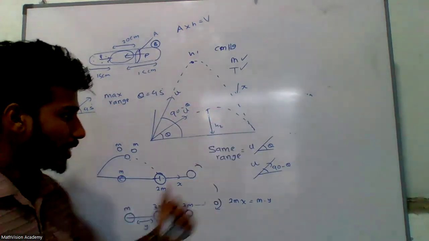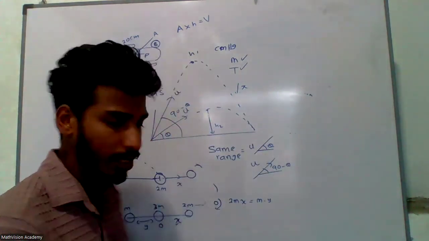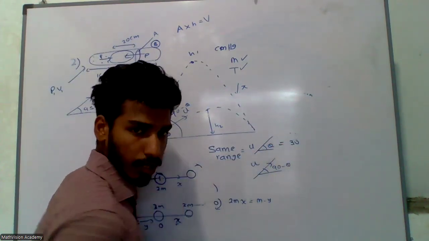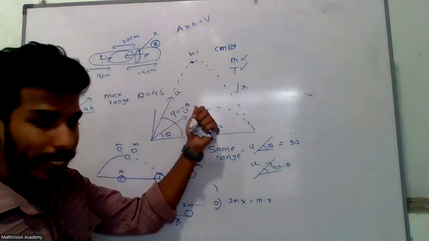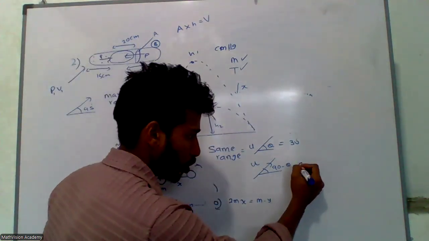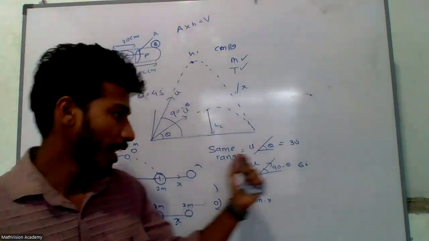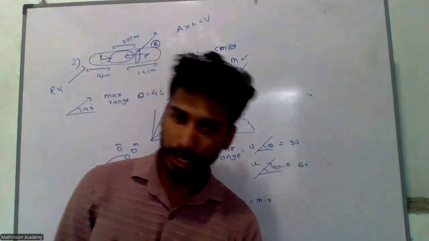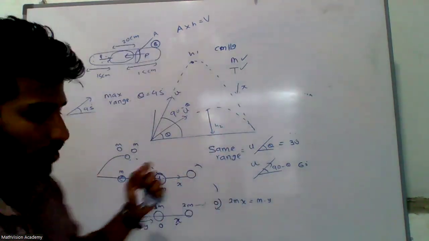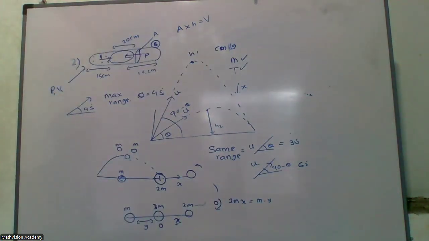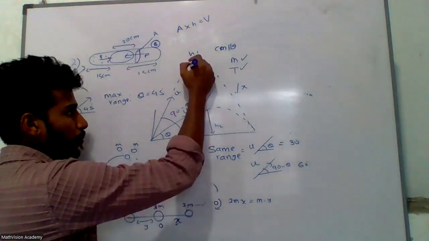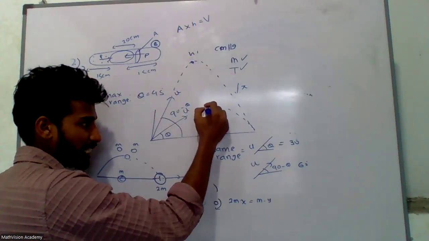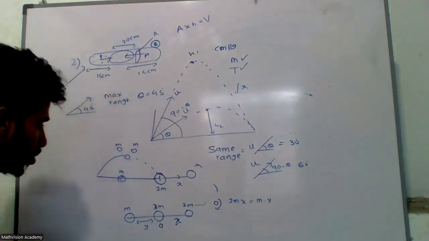If you still didn't get this angle idea, it is like you are projecting with an angle 30. So 90 minus 30 is 60. So when you project the projectile with an angle 60 and 30, you would have the same range. Okay, so just note them down. So one projectile has a maximum height of h1, the other has a maximum height of h2.